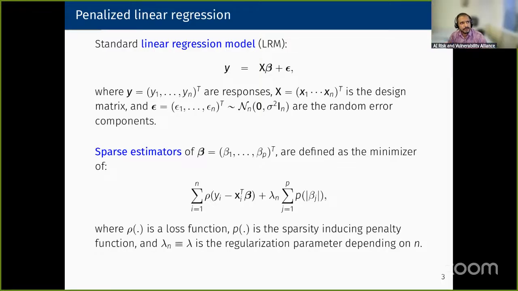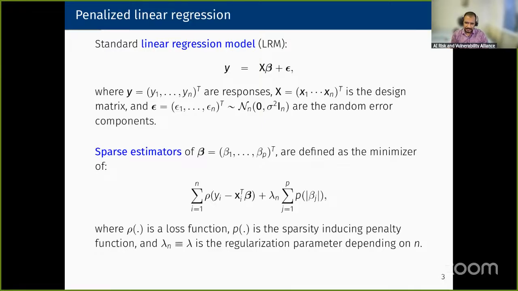So the problem in high dimensional situations is that the design matrix is, by definition, ill conditioned. It's by definition reduced rank, so the design matrix is not going to be full rank. Because of that, the conditions we generally assume are not the typical x transpose x divided by n goes to a positive definite matrix, but something weaker.